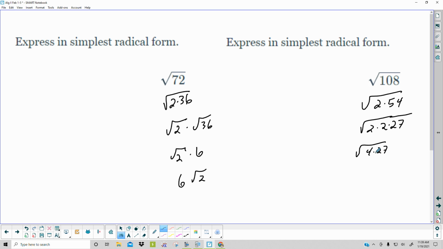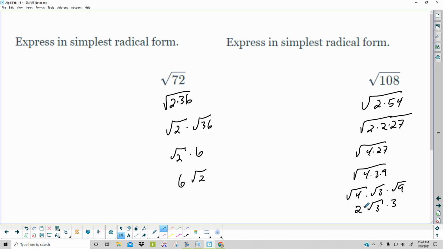Isn't there a perfect square hanging out in 27? 2 doesn't fit. I divide it by 3, I get 9. There are 2 perfect squares. So I got the square root of 4 times the square root of 3 times the square root of 9. This one simplifies to 2. The square root of 3 doesn't. And that one is 3.